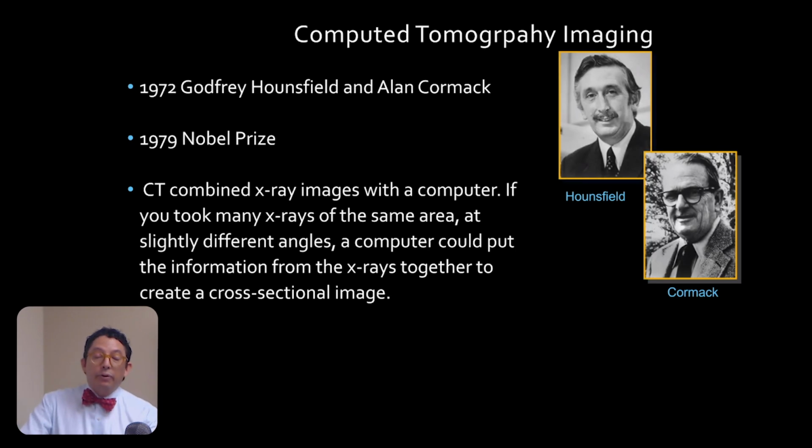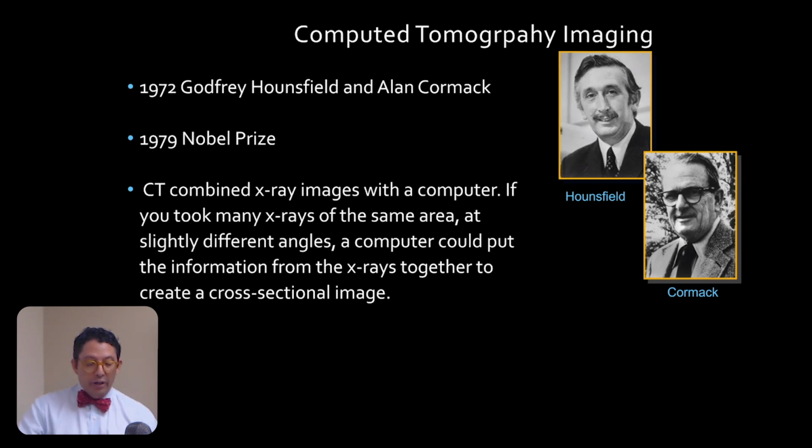CT was discovered in the early 70s by a bunch of scientists, but I think the most important ones that worked on it were Sir Godfrey Hounsfield and Sir Alan McCormack, and it was such an important thing for humanity that they won the Nobel Prize later in 1979.